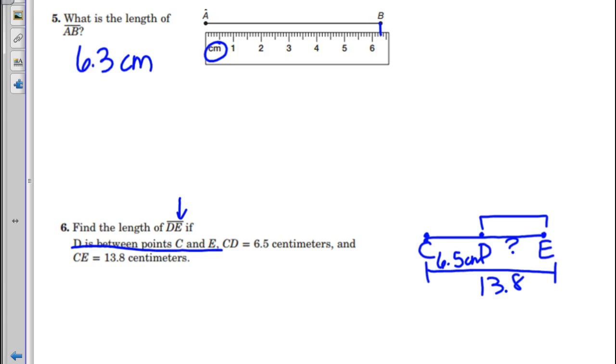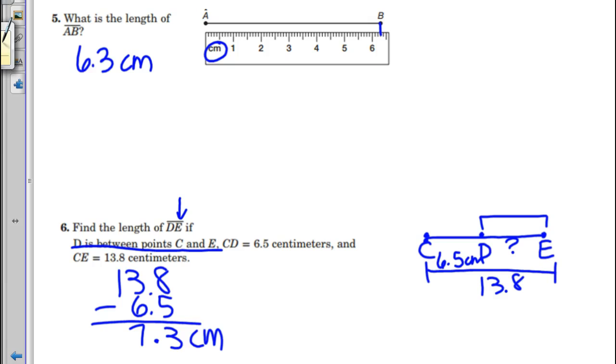I know that CD plus DE equals the entire length, so we can subtract to find that. So 13.8 minus 6.5. So subtracting those, 7.3 centimeters. You can also set this up as an equation if you don't like that.